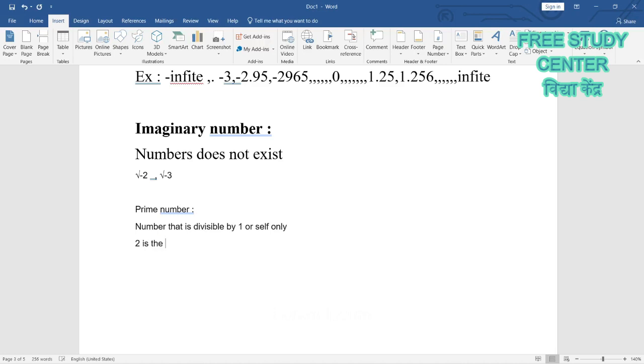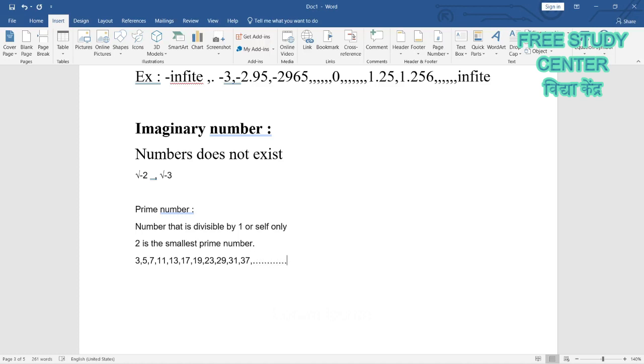The next number is 2, which is divisible by 1 and itself. So 2 is your smallest prime number. 2 is an even number also, and a prime number also. More prime numbers are like 3, 5, 7, 11, 13, 17, 19, 23, 29, 31, 37, and so on.